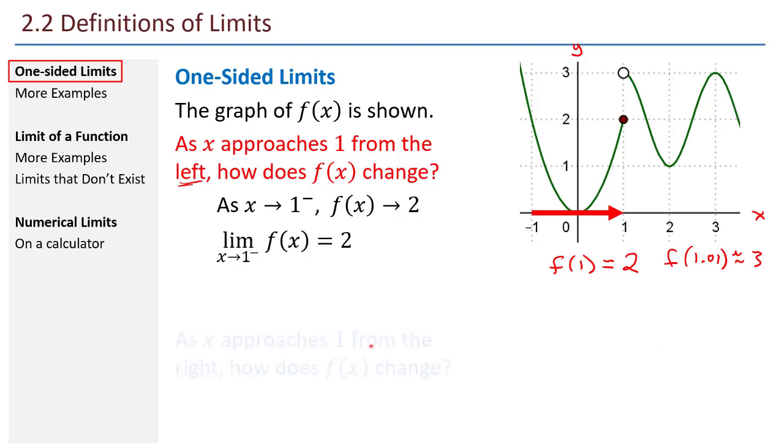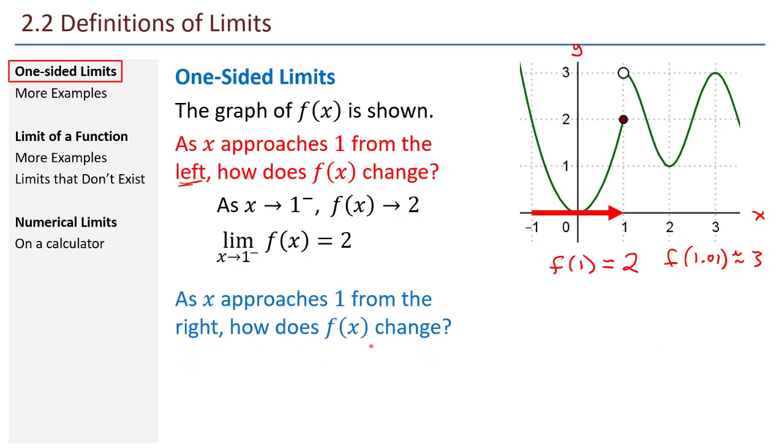How about the right? As x approaches 1 from the right, how does f of x change? How do the y values change? So I start way to the right, and they're about 2, and then they go up to 3, and then down to 1, and I'm approaching from the left. Those y values are climbing up to about 3.